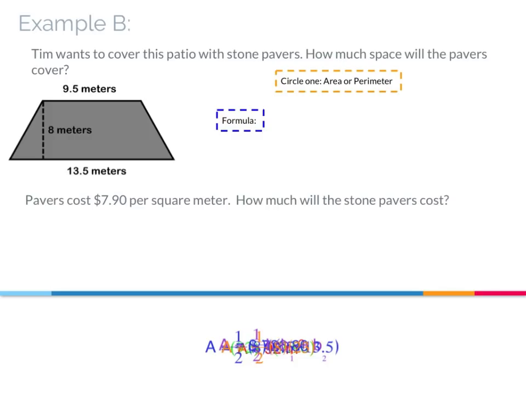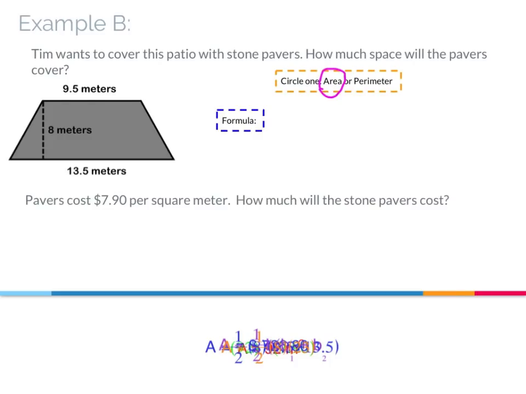The second example says that Tim wants to cover this patio with stone pavers. How much space will the pavers cover? So we need to determine if we need to solve for area or perimeter. Since Tim is covering this patio, we need to solve for area. The shape of the patio is a trapezoid, so we need the area formula of a trapezoid.